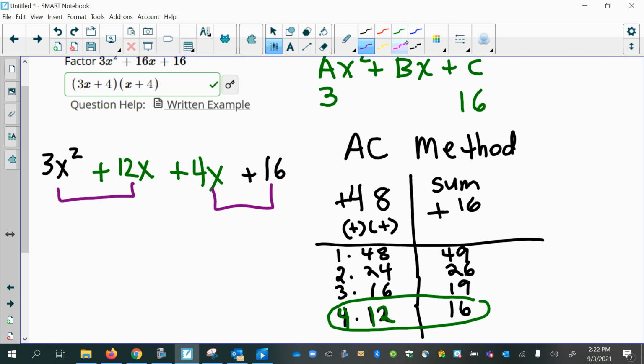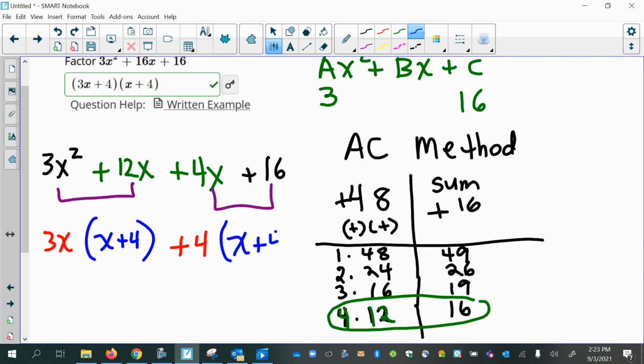So when I factor out the greatest common factor from the first set, I can factor out a common 3x, and that would leave x plus 4 inside the parentheses. Then for the second set of terms, I can factor out a common 4, and that would leave x plus 4 inside.